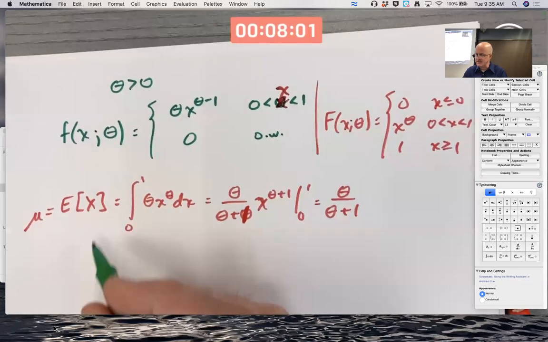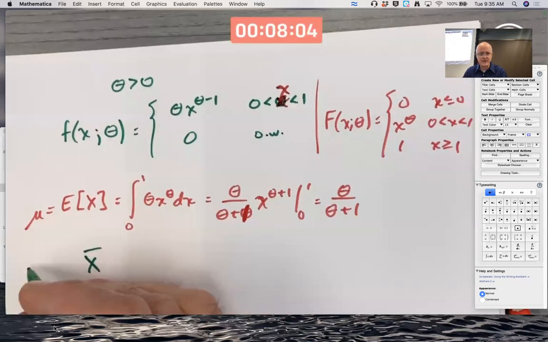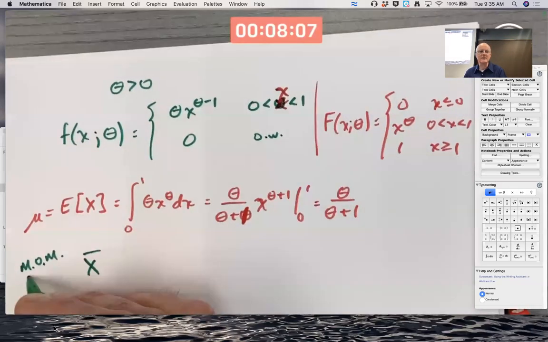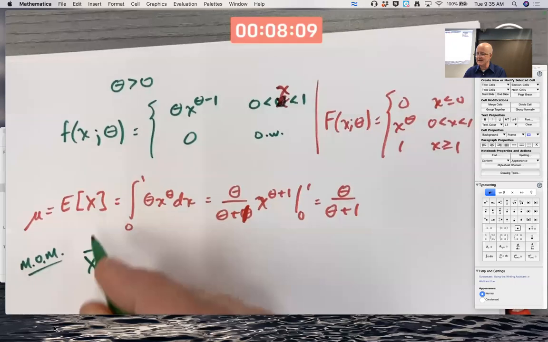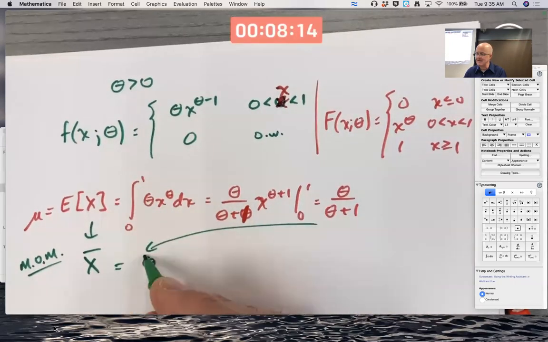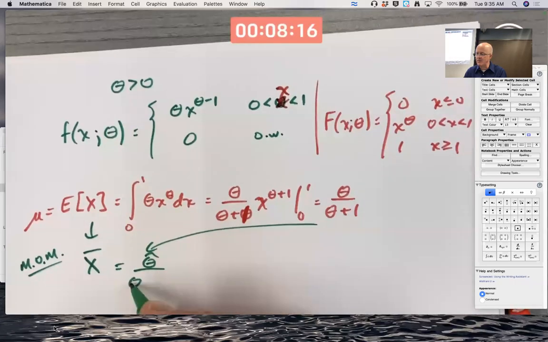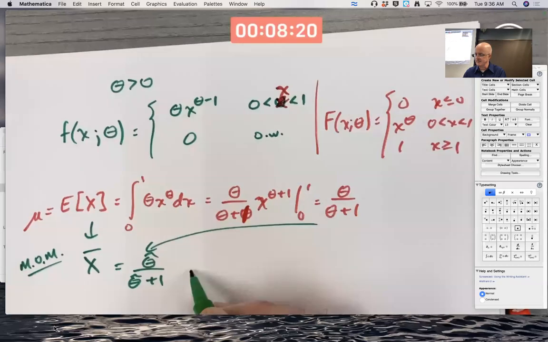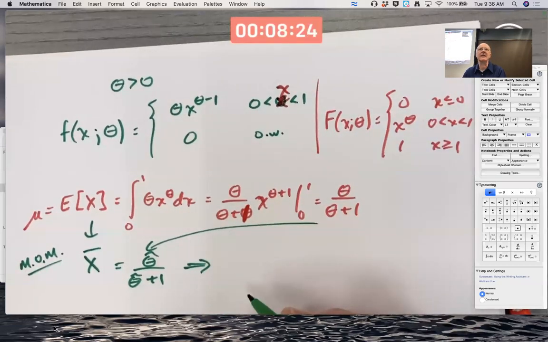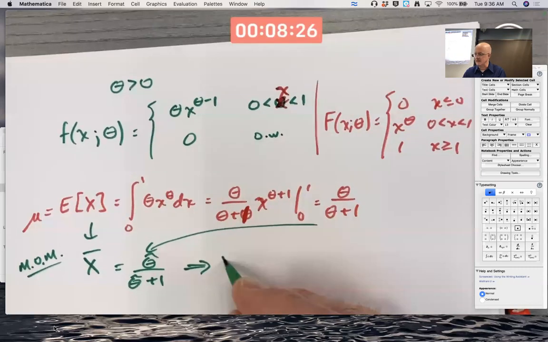So I'm using method of moments here: replace E of x with x bar, replace theta with theta hat, and then just solve for theta hat. It's an algebra equation to solve. It's just a logical method for trying to estimate theta. Is it a perfect method?